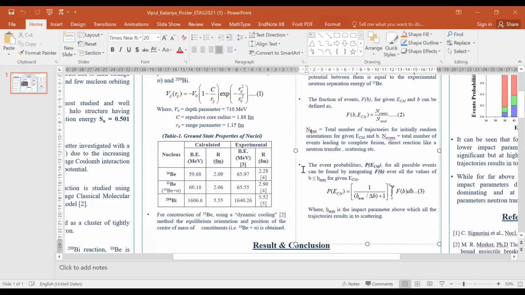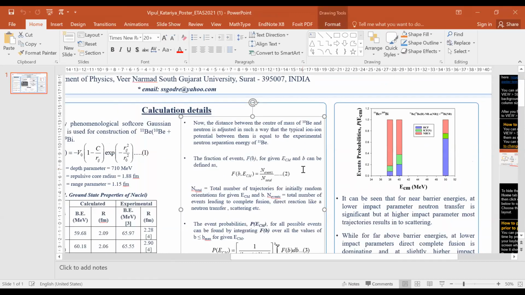Now, the center of mass separation between beryllium-10 and the neutron is adjusted in such a way that the typical ion potential between them is equal to the experimental neutron separation energy of beryllium-11.